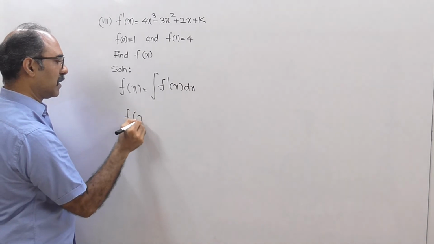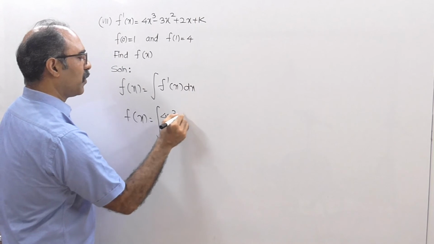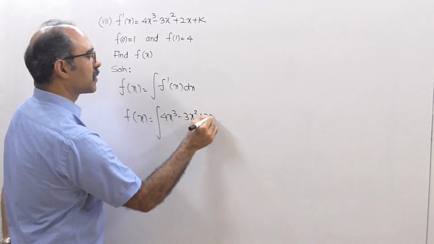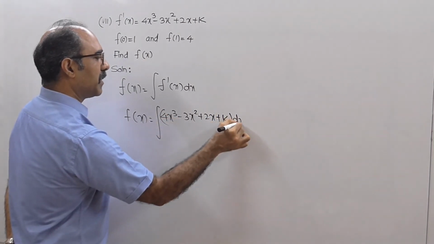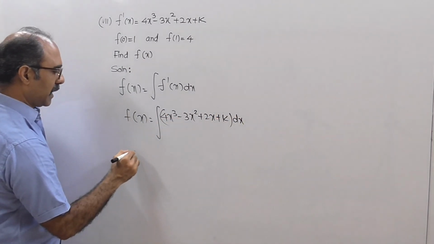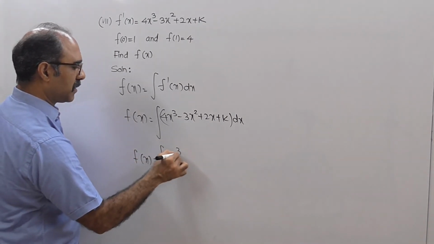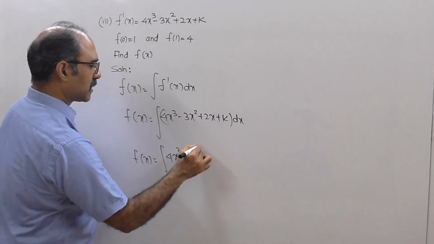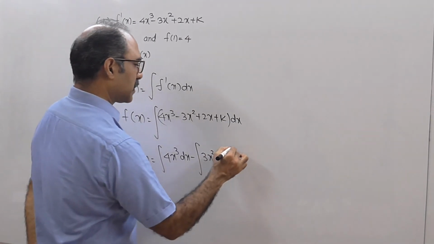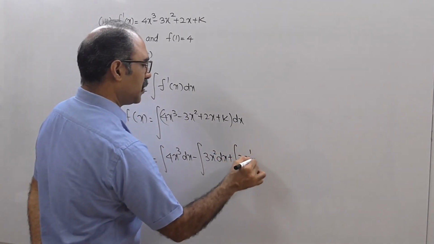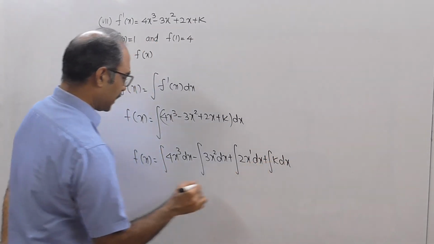So my f of x will be the integration of 4x cube minus 3x square plus 2x plus k multiplied by dx. So I get f of x equal to integration 4x cube dx minus integration 3x square dx plus integration 2x, which is x raised to 1, dx, plus integration of k dx.